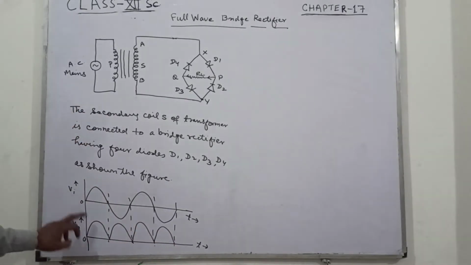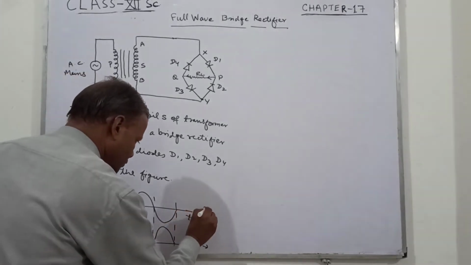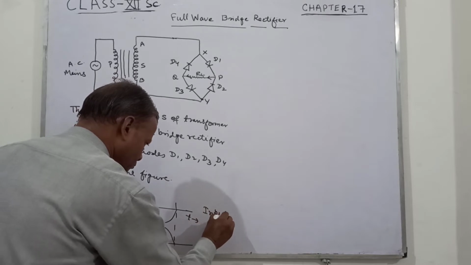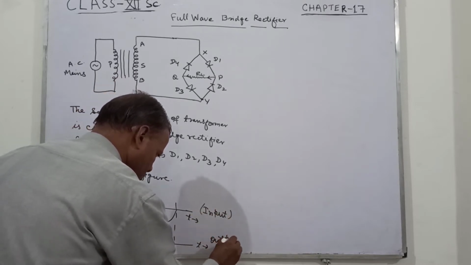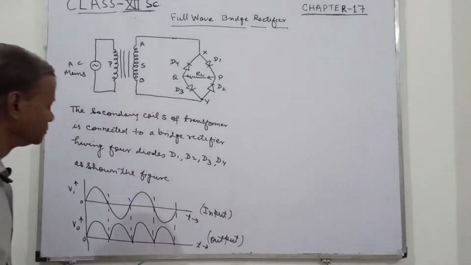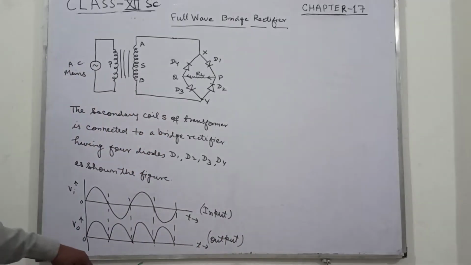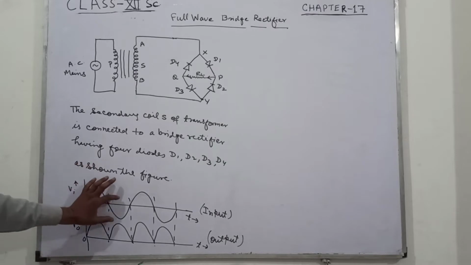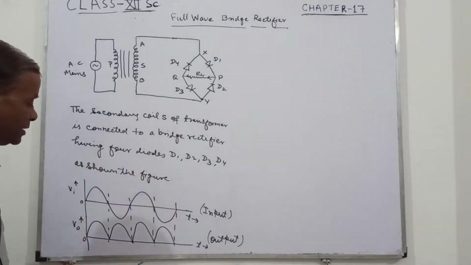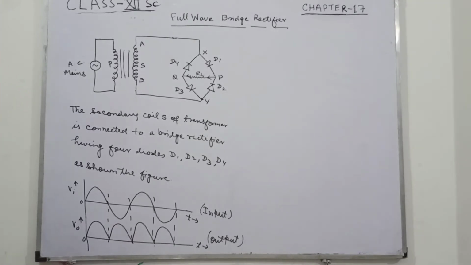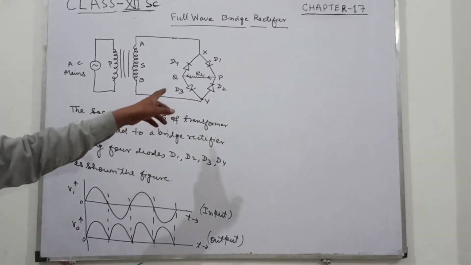This is the input, this is the output. This is a positive half cycle, then negative half cycle, then positive, then negative. So now we have to see the working of this bridge rectifier.